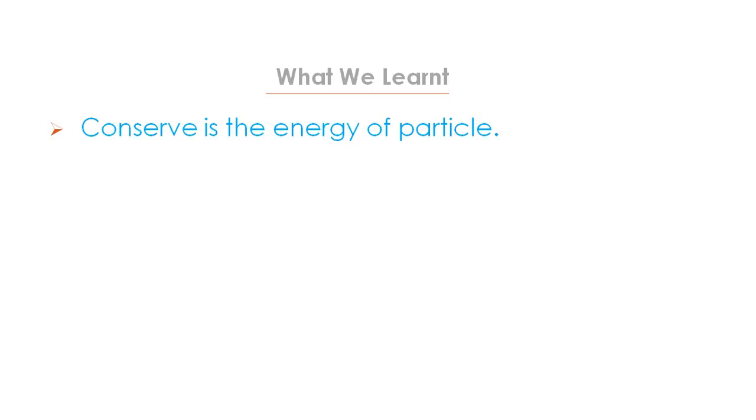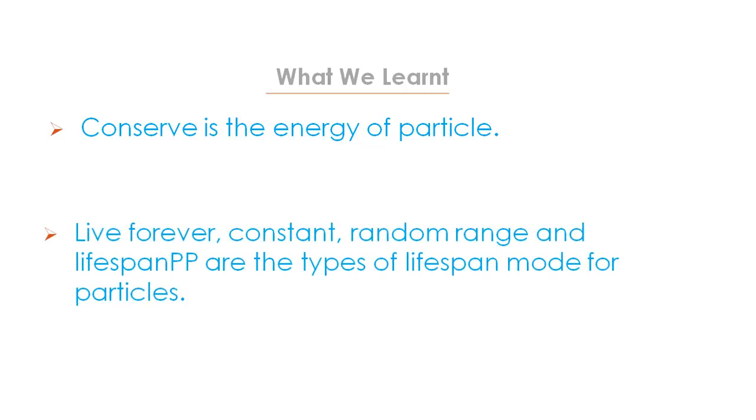We have seen that conserve is the energy of particles. Reducing the value towards zero makes the particles lose their energy, or else if the value of conserve is 1, then the particles will not lose energy throughout the scene. We have seen that live forever, constant, random range, and lifespan PP are the lifespan modes available for particles.